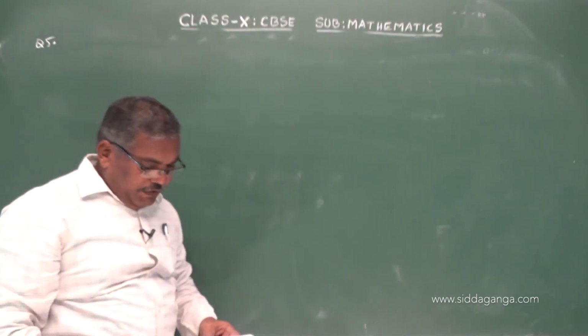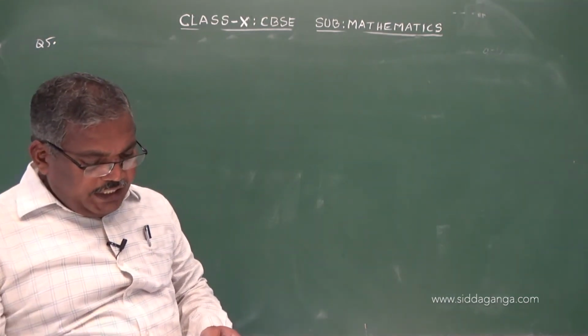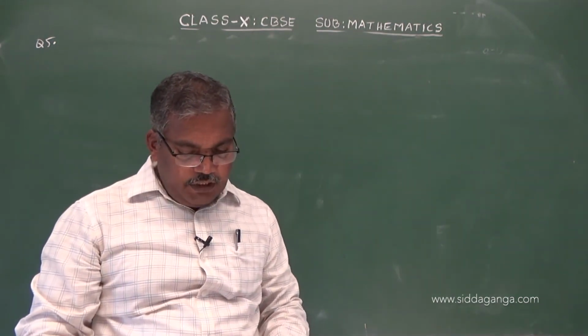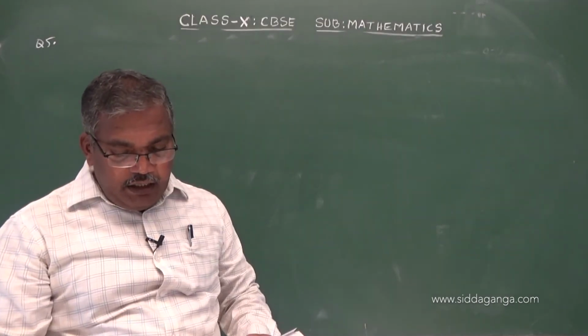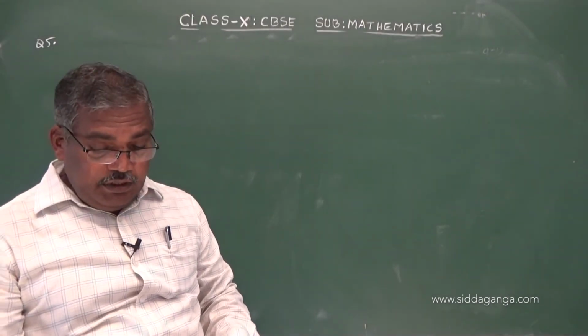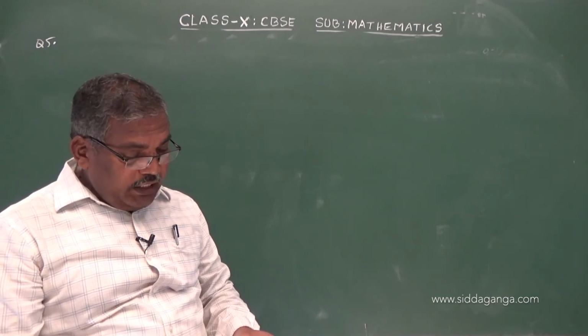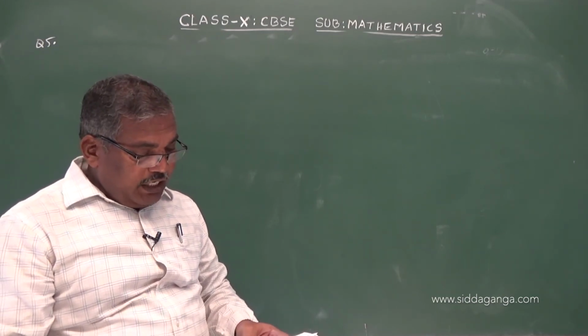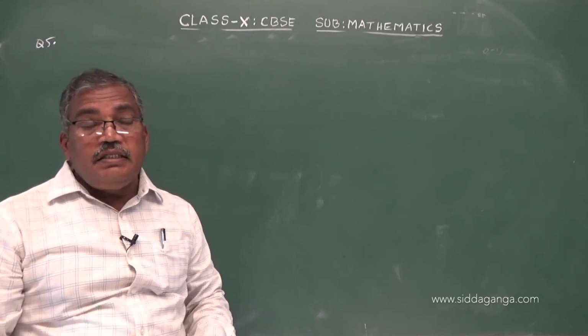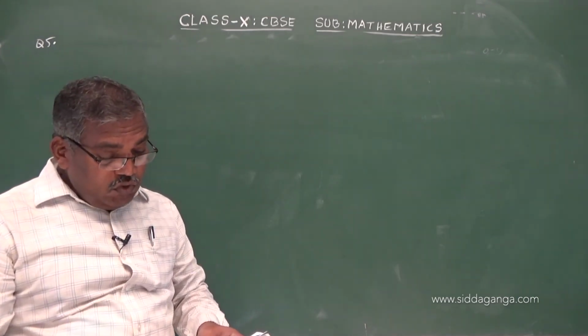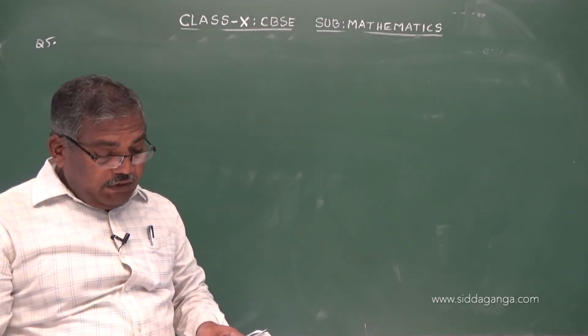So, question number 5. You have studied in class 9, chapter 9, example 3, that a median of a triangle divides it into two triangles of equal area. Median divides a triangle into two triangles of equal area.